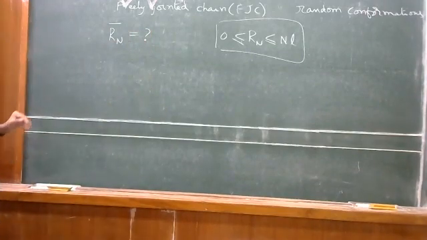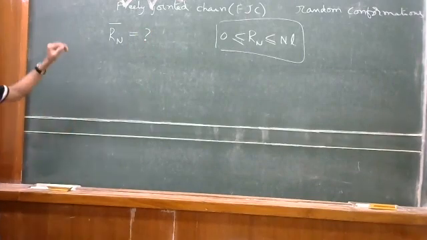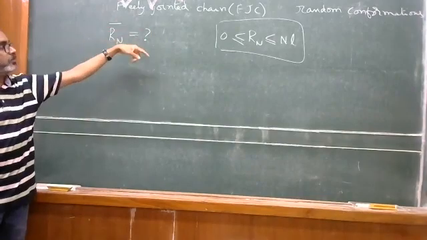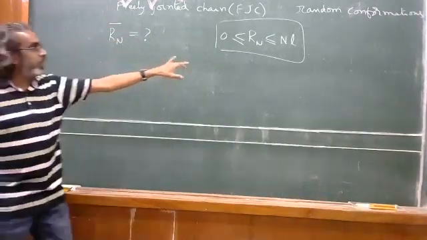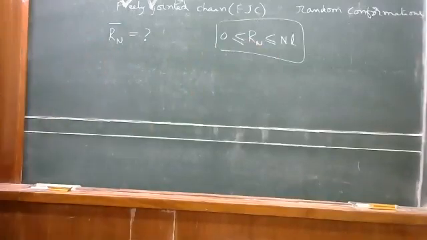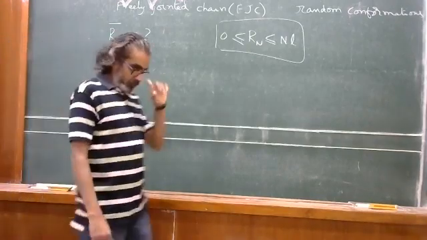You just divide by the number of molecules and you get the same value. But in the case of polymer, each polymer will have any value from 0 to NL. So how do I get the average value of Rn? How do we go about it? Any ideas?